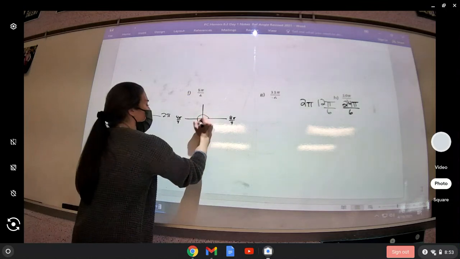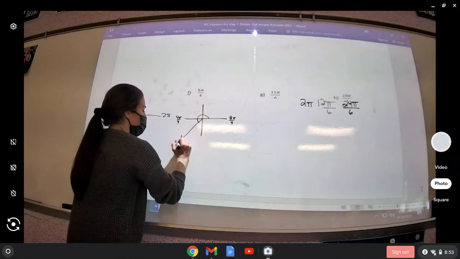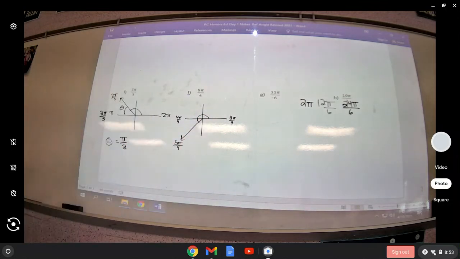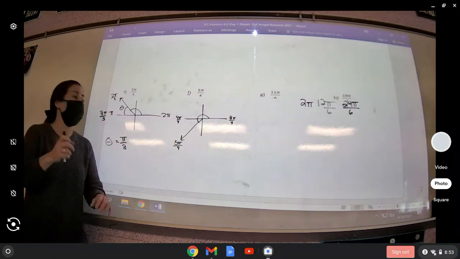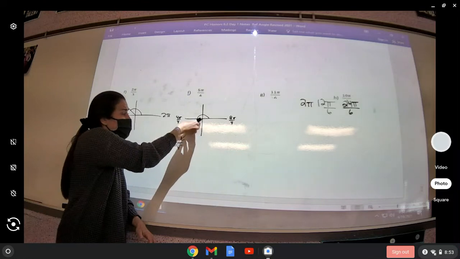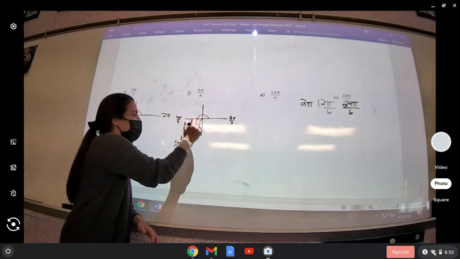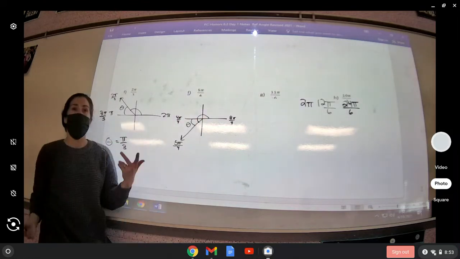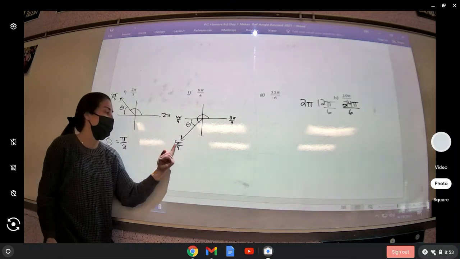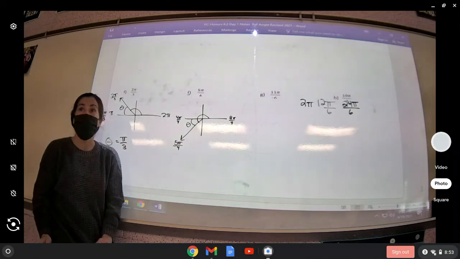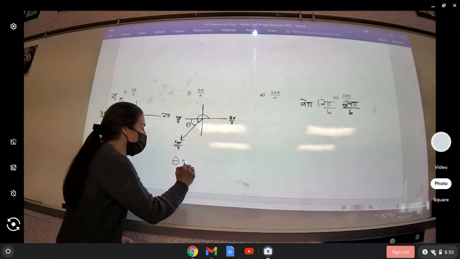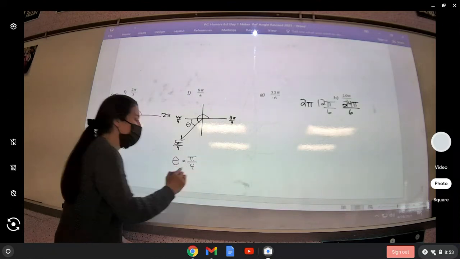So 5 pi over 4 goes right there and lands in quadrant 3. So the reference angle is the positive acute angle between your angle ending and the x-axis. So this distance right here. So guys, how many pi's over 4 live in between 5 and 4 of them? 1 pi over 4. So the reference angle is 1 pi over 4.